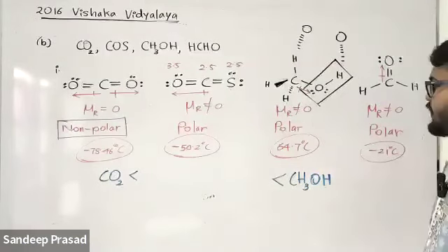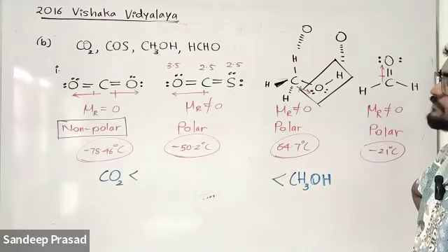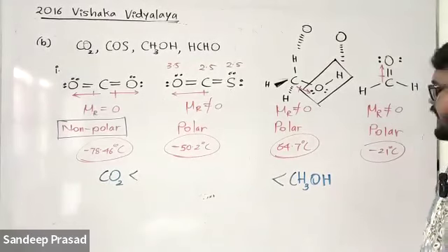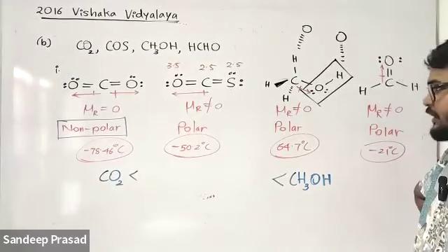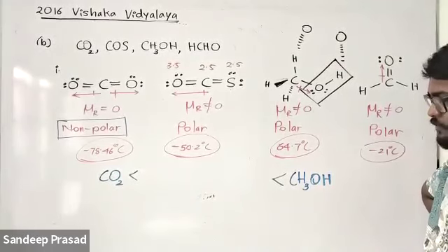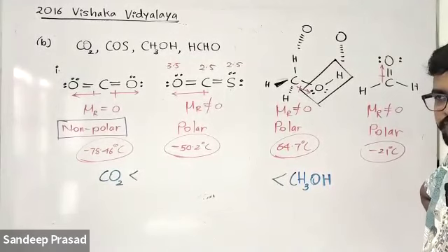Now, you may think like this: sir, carbonyl sulfide is a polar molecule, therefore the interaction type is dipole-dipole. Methanol is also a polar molecule, and its interaction type is also dipole-dipole interaction. So therefore, both are equal. Then we have to go for the next factor, molar mass.